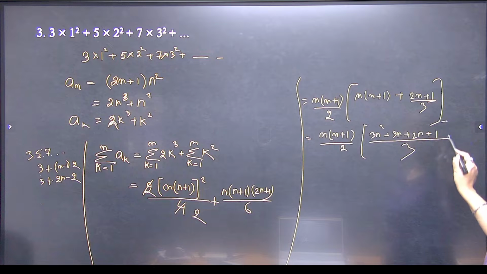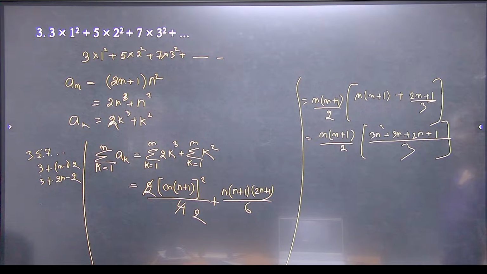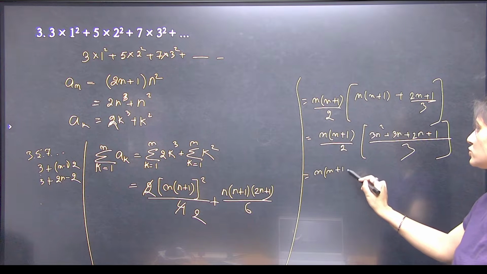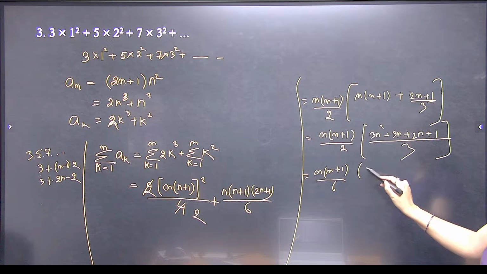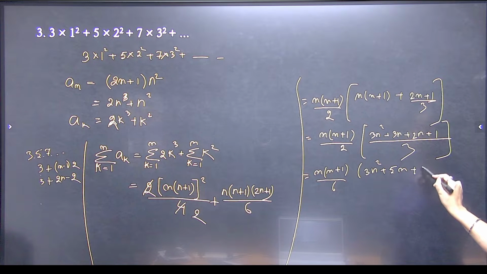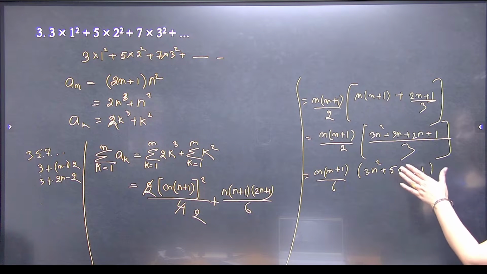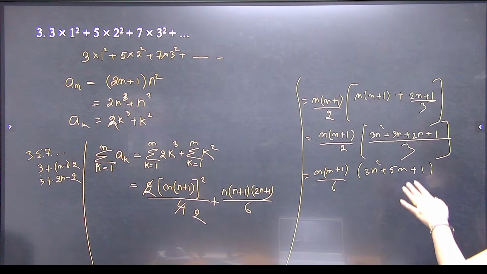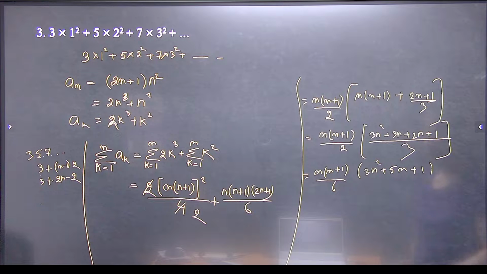So I have taken LCM. So now we have n plus 1, 2 into 3 is 6, and here we have 3n square plus 5n plus 1. Now we cannot factorize it, since 3 into 1 is 3 only, it will not give 5 on adding, subtracting, anything. So we have the answer of question number 3.